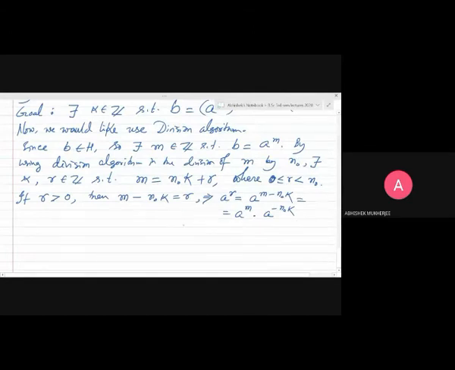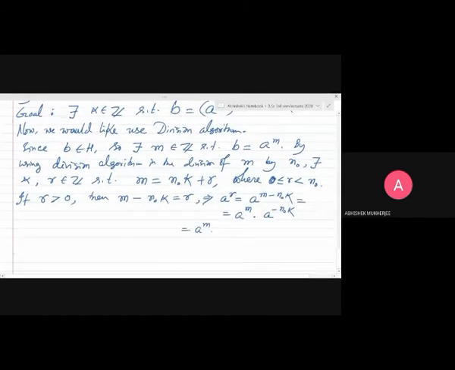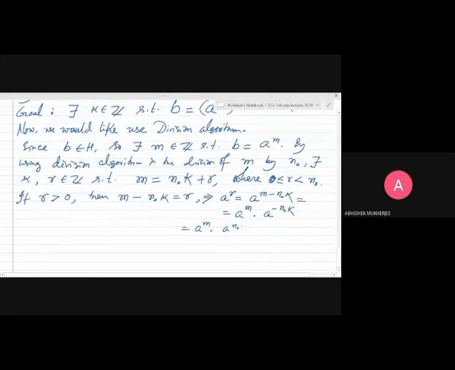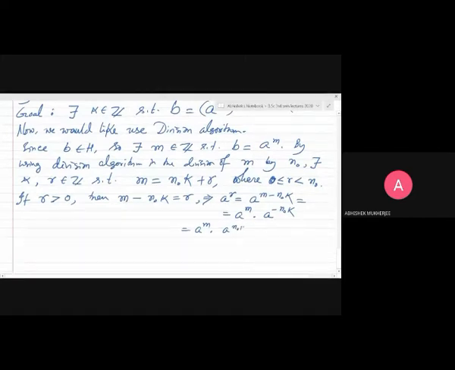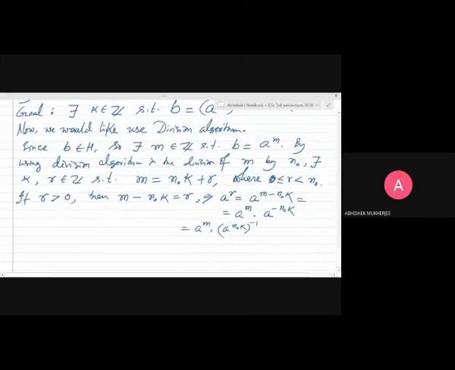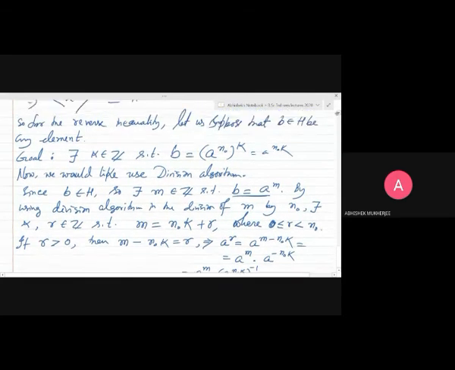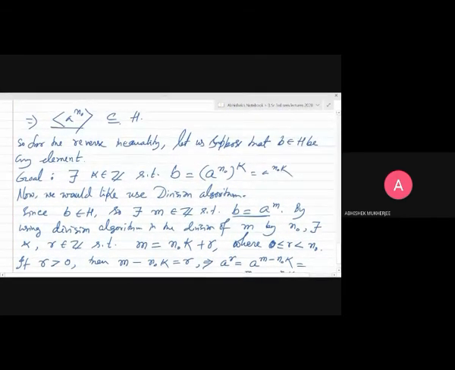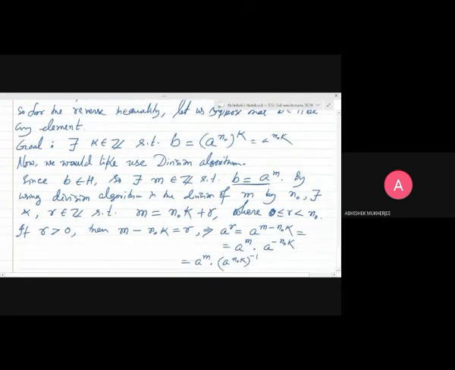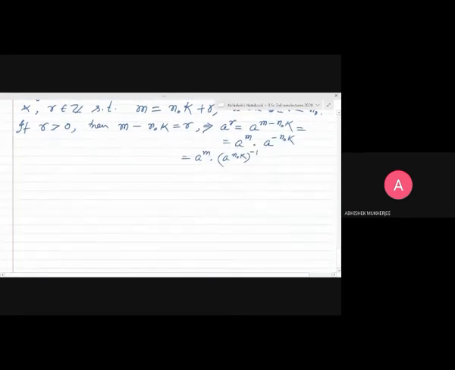That means a to the power m dot a to the power n naught k inverse. Now see, a to the power m belongs to H because b is a to the power m, and a to the power n naught k is also in H, because we have seen that this is a subset of H. So any power of a to the power n naught is in H, and so is their inverse.